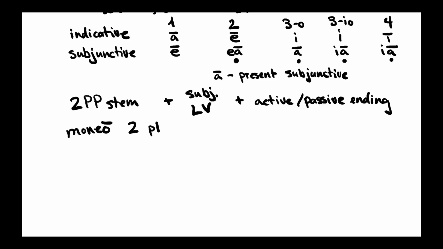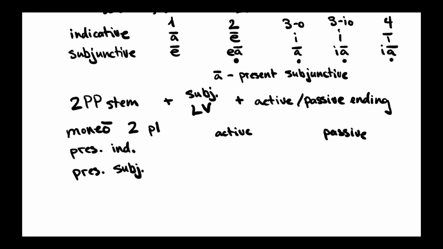For the present indicative and the present subjunctive, we'll put them both just to compare them, and we'll do it active and passive, just so you get the full picture here.